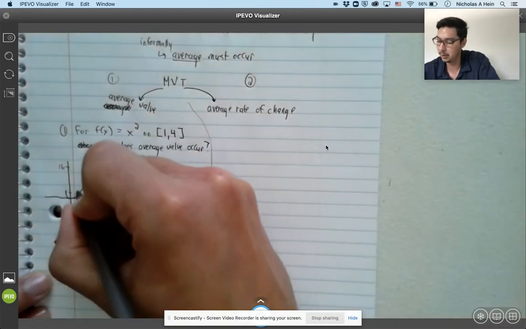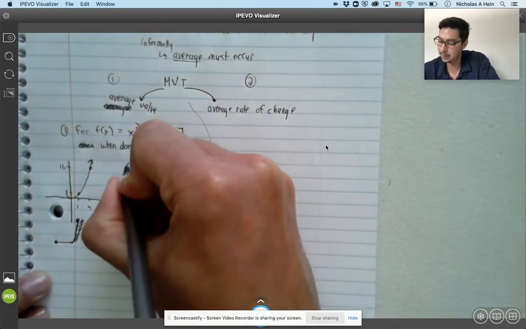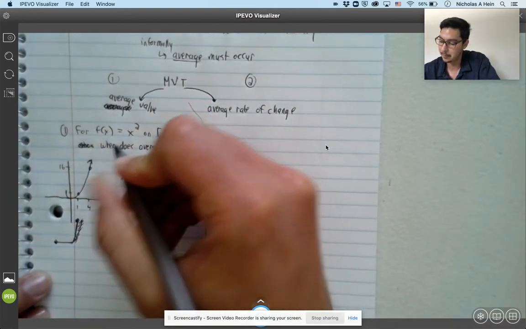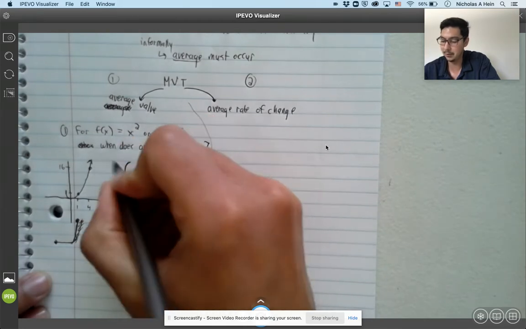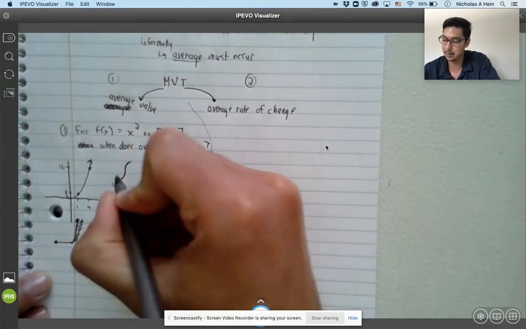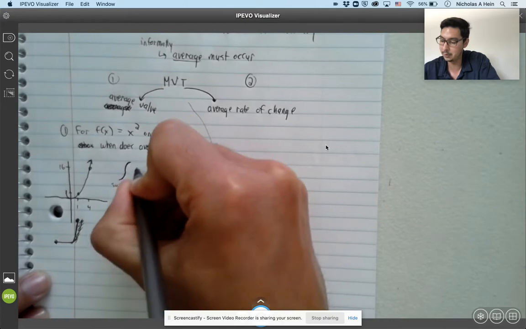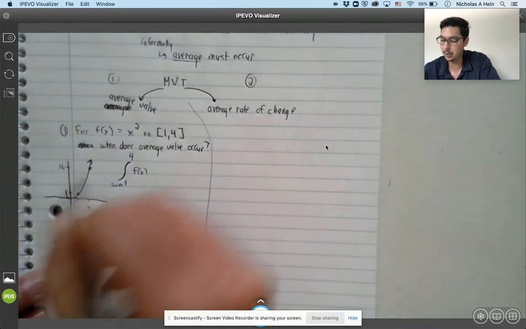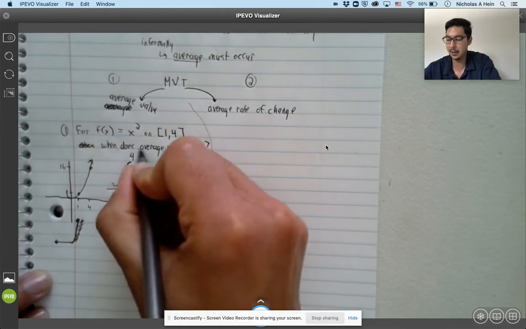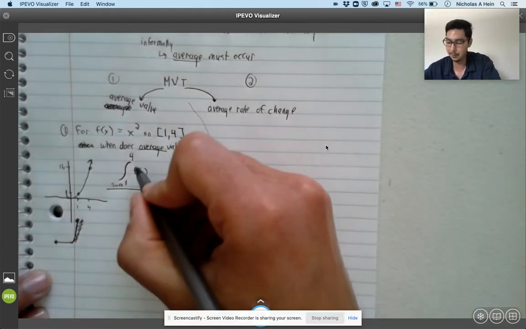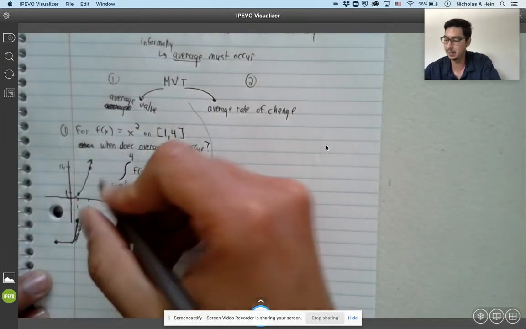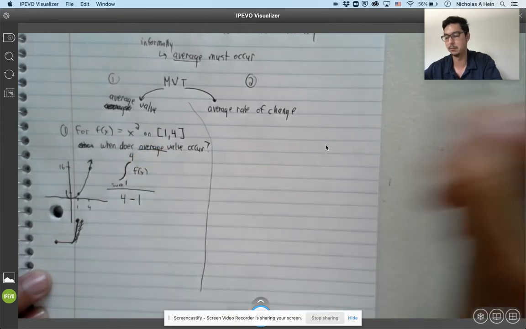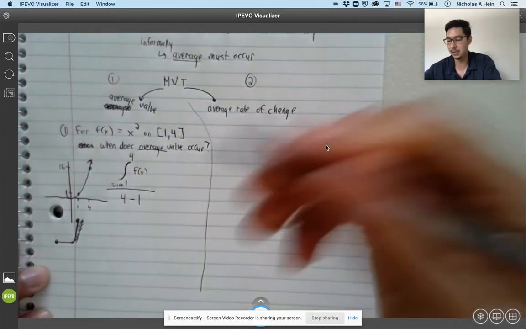We're going to add up all the values of f of x on 1 to 4. Once we add up all the values, you divide by how many there are, so we're dividing by 4 minus 1. And there's your average value. Then we just have to calculate it.